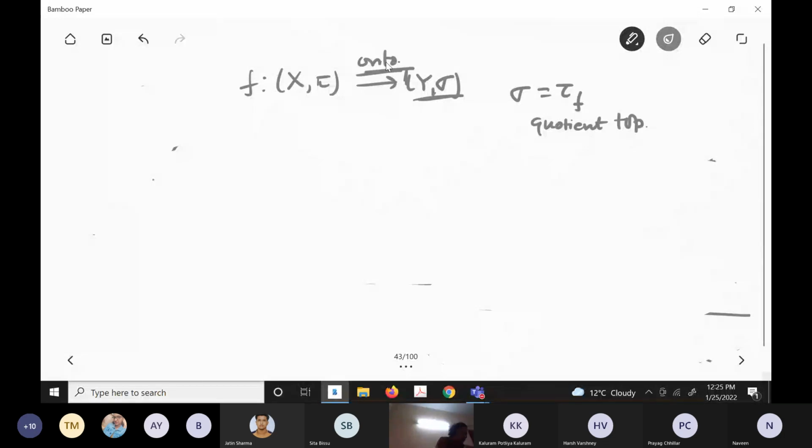Whether you talk about quotient topology or quotient space, how are we justified to use the word quotient? I told you last time, what do we mean by the quotient? Even in algebra we did quotient group, or in linear algebra, quotient space. Something you divide basically.